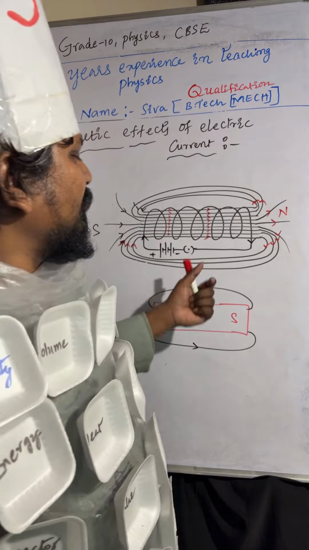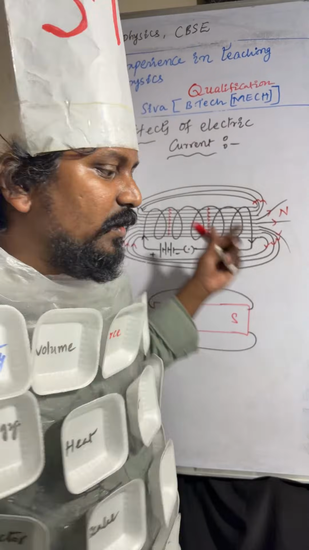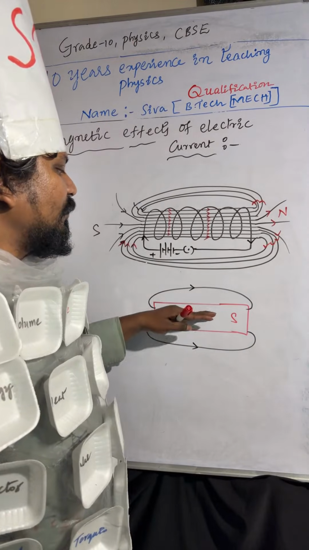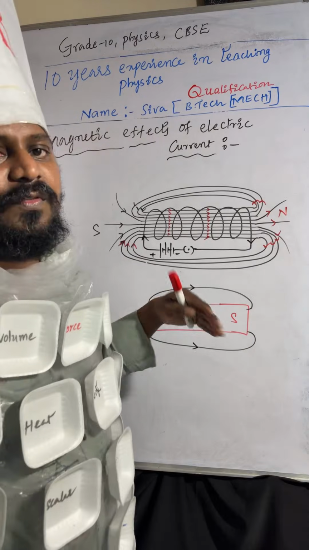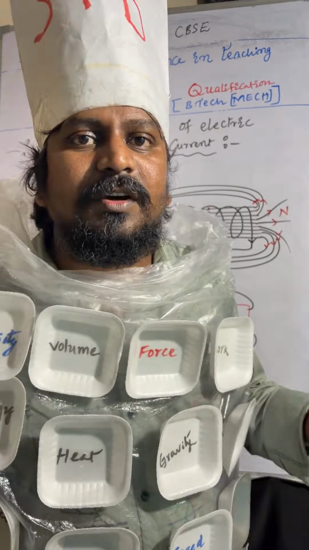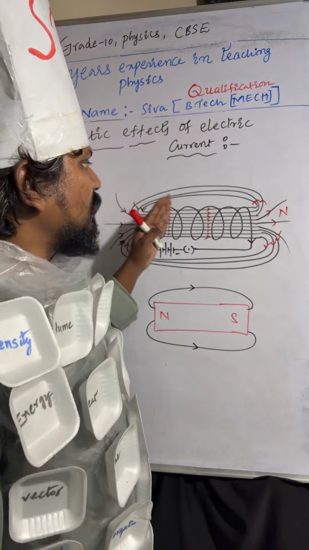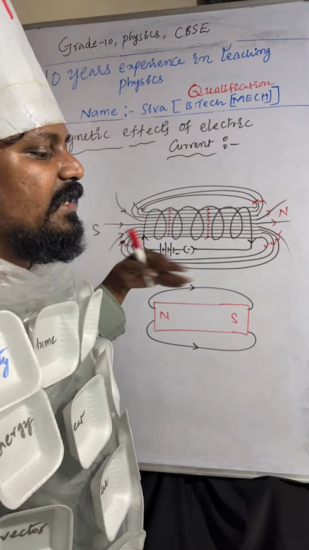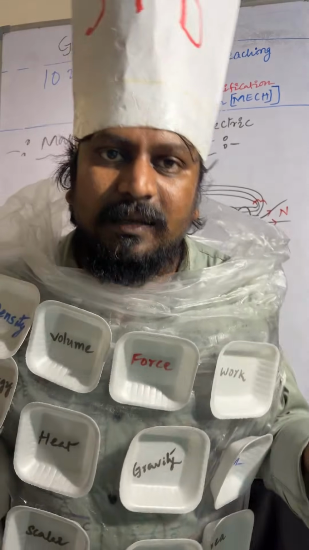One more thing, we can change the poles of the solenoid. For a bar magnet, the north pole and south pole are fixed. But for the solenoid, we can change the poles. How?